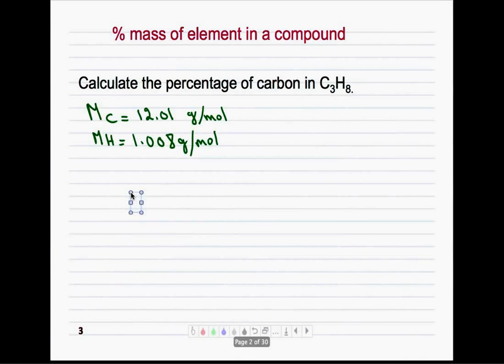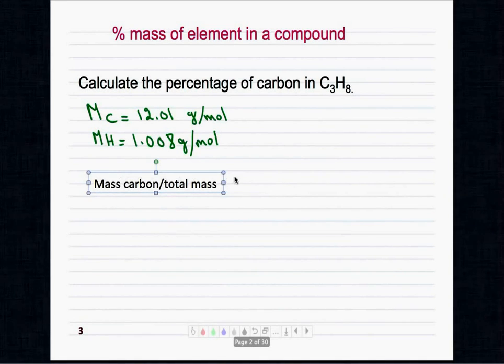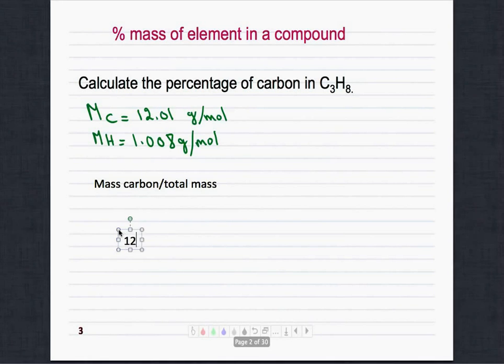And since here I'm just talking about C3H8, it's the mass of carbon, which is 3 times the molar mass of carbon, because I have 3 carbons, over the total mass of the compound, which is mainly the molar mass of the compound, which is 3 times the molar mass of carbon, plus 8 times the molar mass of hydrogen.